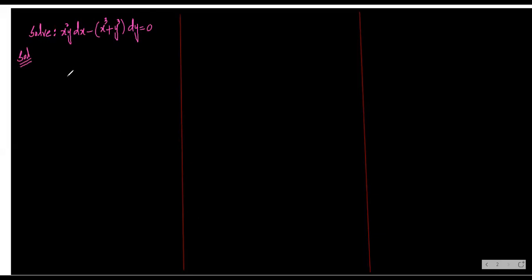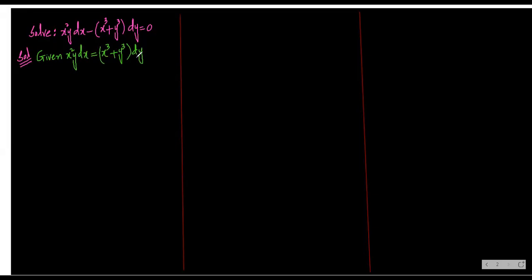See here, in the question you can see it is not in the y power n format also. So let me simplify it. First step is given x square y dx. If you bring that side, I can also write it as x cube plus y cube of dy.